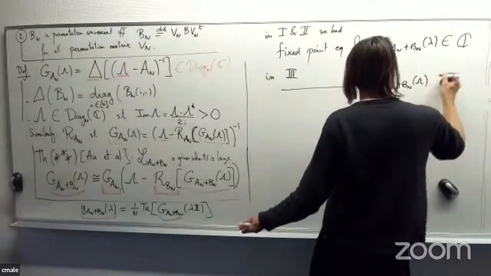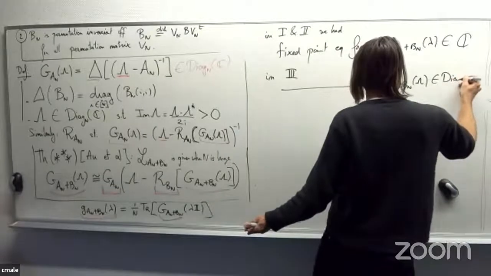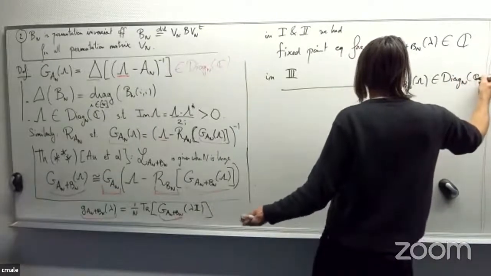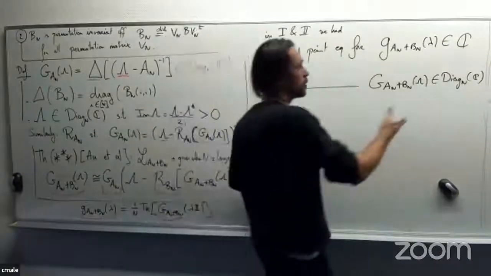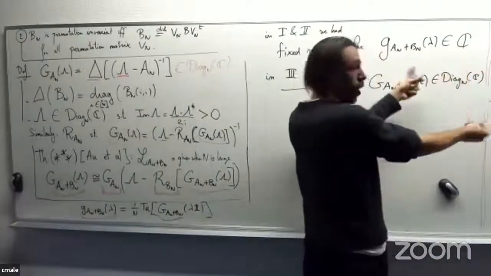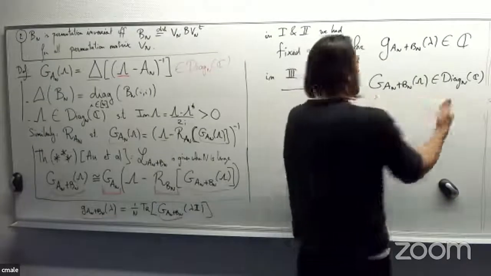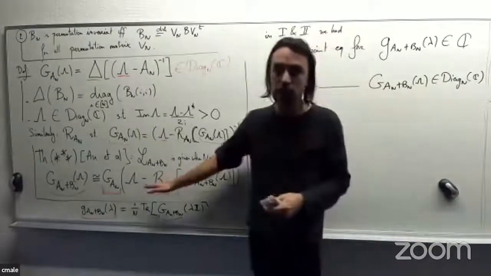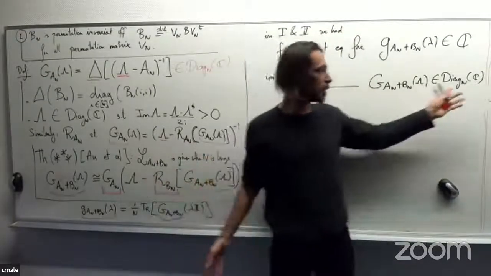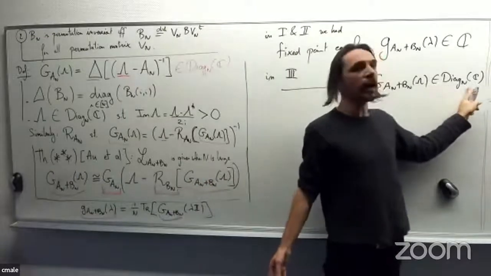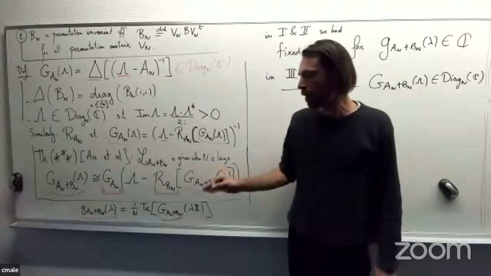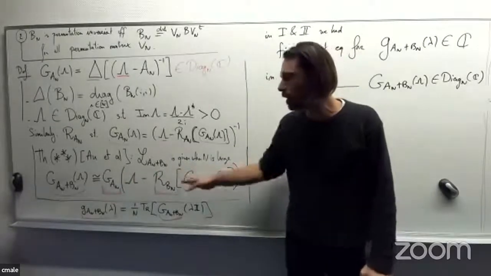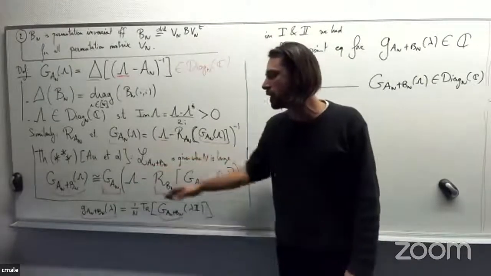But note this guy is a diagonal matrix of size n, which means that at the question of numerics, you have an object which is more complicated to involve. On the question of giving a formal definition of the limit, it's a bit tricky because here you have an object which depends on n, which means that this equation should be written with some care in the limit when n goes to infinity.